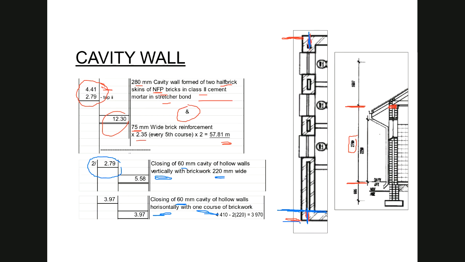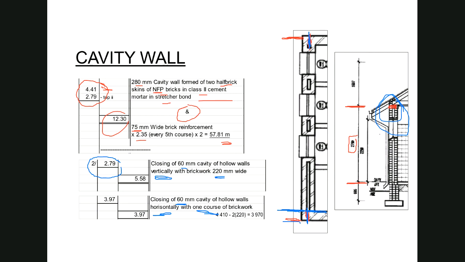So looking at that detail over there where we're closing the cavity, you will see, if you look on your own drawings where I have not scratched on the drawing, that I have now taken the vertical closings all the way to the same height of the wall.